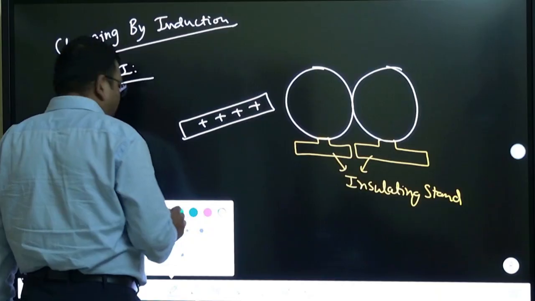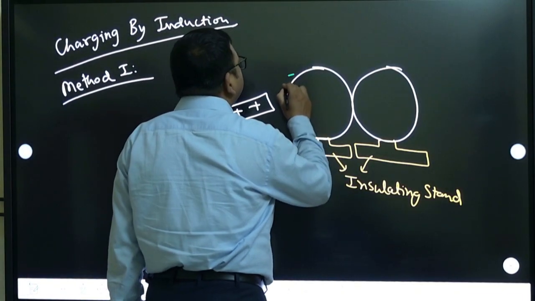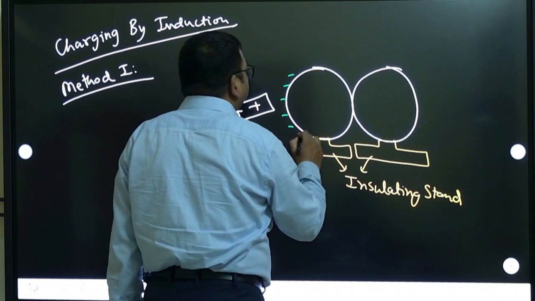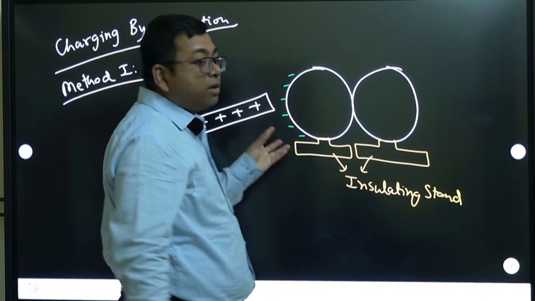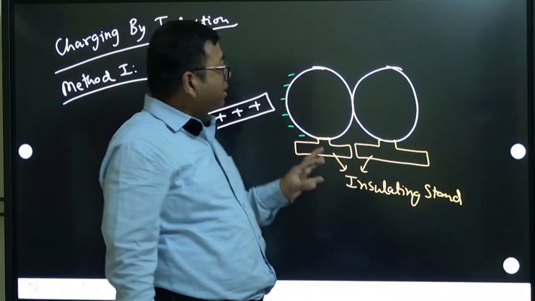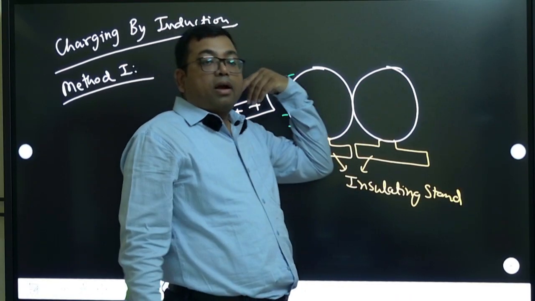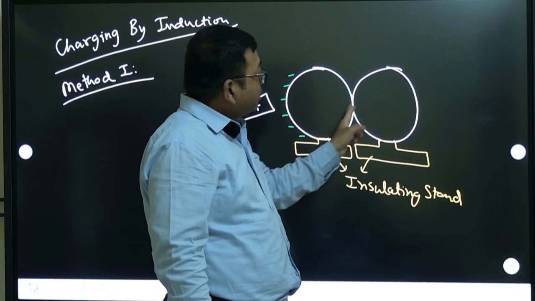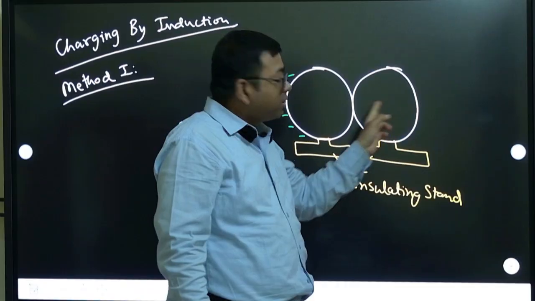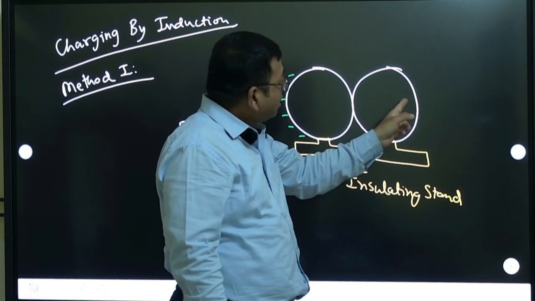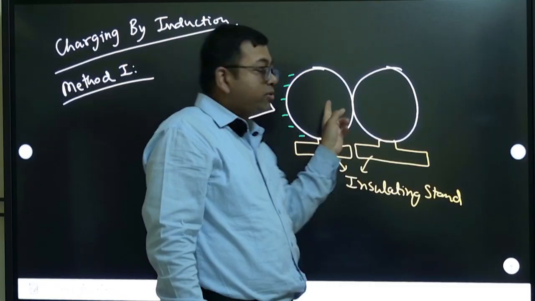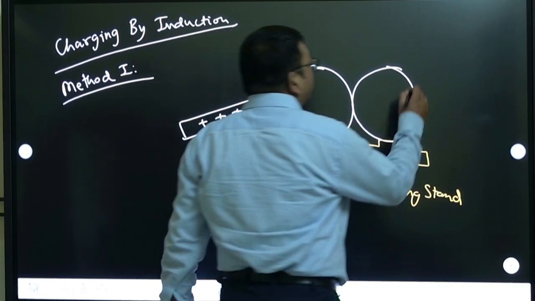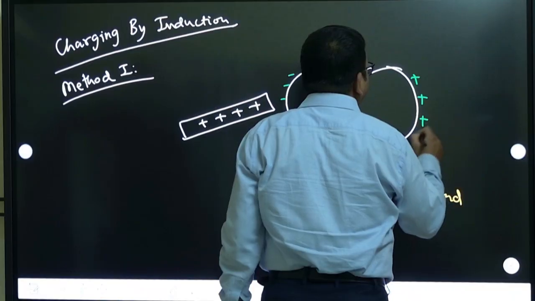These free electrons will accumulate on this side, so it will develop negative charge. And the free electrons will come from the opposite end. The opposite end is not here but here, because these two bodies are in contact, so charges can flow through this contact point also. So the opposite end is this, and here it is losing electrons.